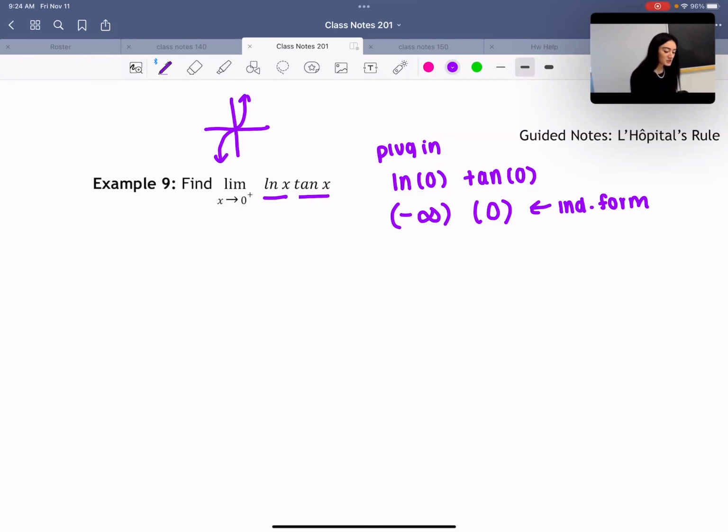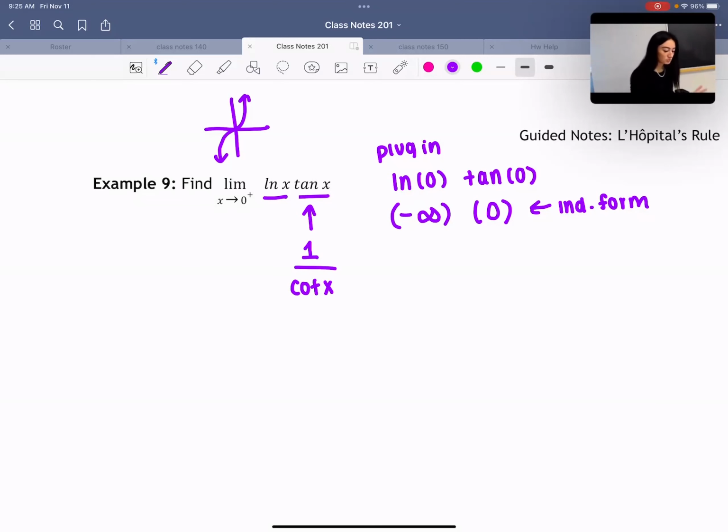Is there a way to change tangent into a fraction? Yes. How do we do that? Sine x over cosine x. I'll tell you, if you try that, you might get a little confused. Is there another way? 1 over. Yeah, right. Tangent is related to cotangent in a way that tangent is 1 over cotangent of x, right? We know that those two are related in that way.